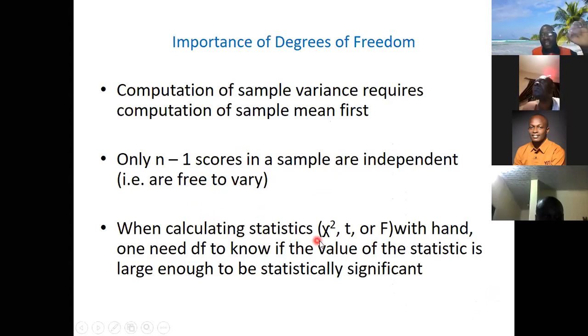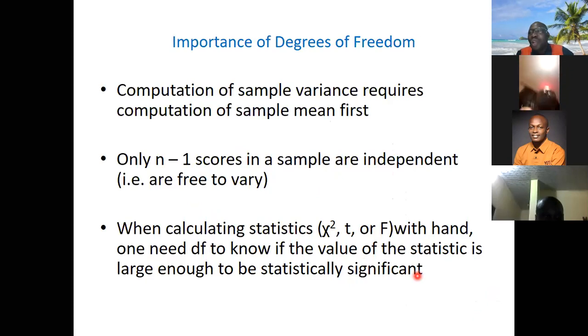When calculating statistics like chi-square, T or F by hand, when you are not using a computer, one needs the degree of freedom to know if the value of the statistic is large enough to be statistically significant. In those days when there was no computer, you had to calculate by hand, and you could not calculate the p-value.